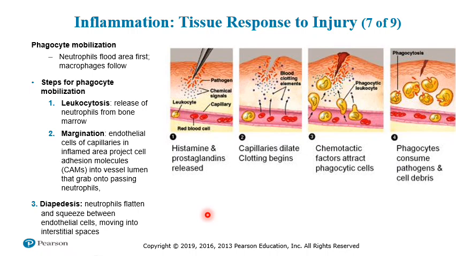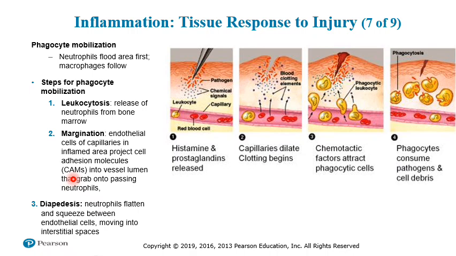And for mobilization, you have leukocytosis, which is the release of neutrophils into the area. And then margination, which is the process where endothelial cells of the capillaries in the inflamed area project CAMs, or cell adhesion molecules, into the vessel lumen that enable them to grab onto the passing neutrophils.